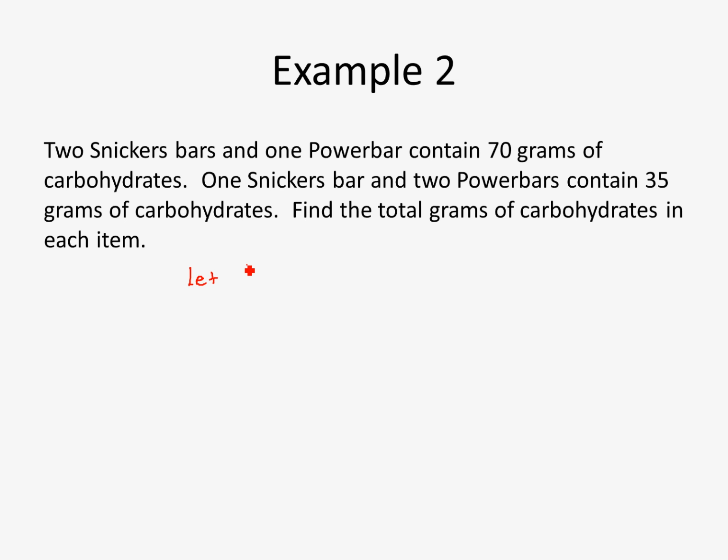Let S equal the number of grams, because what we're looking for is the total number of grams of carbohydrates in each item. So the thing we want to find is the number of grams of carbohydrates in a Snickers bar, and the number of grams of carbohydrates in a Power bar.